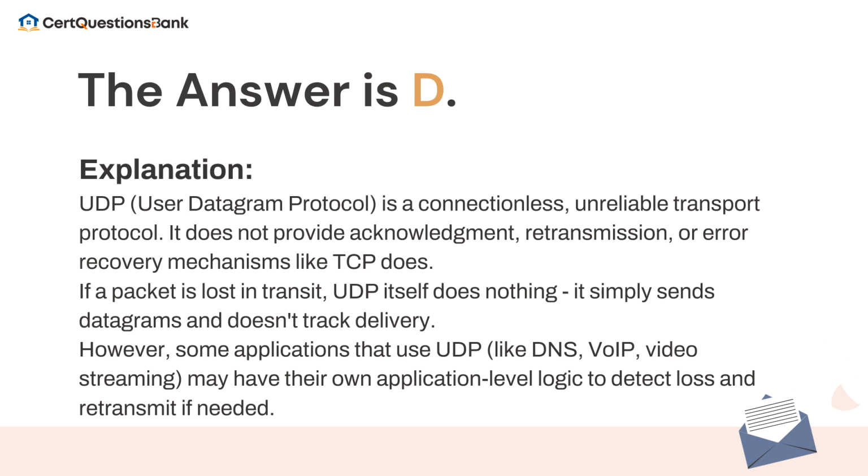If a packet is lost in transit, UDP itself does nothing. It simply sends datagrams and doesn't track delivery. However, some applications that use UDP, like DNS, VoIP, and video streaming, may have their own application-level logic to detect loss and retransmit if needed.